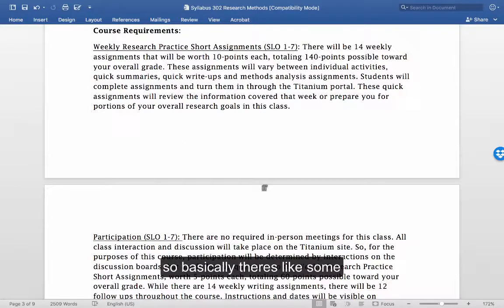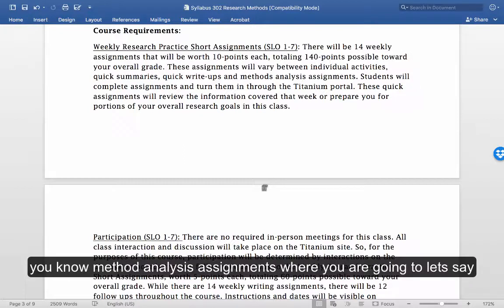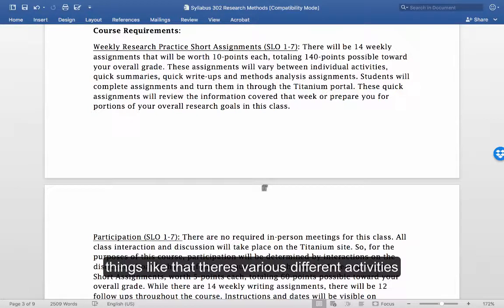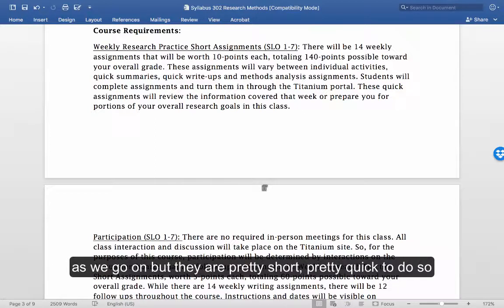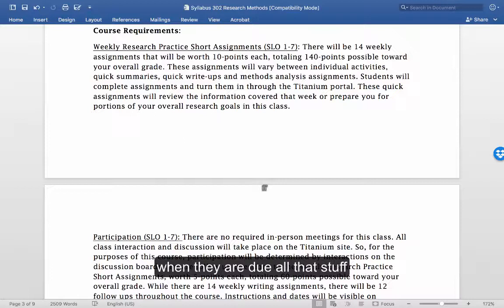Some of them will be individual activities, quick summaries, quick write-ups, method analysis assignments where you look at an article and determine what the research question is, or things like that. There are various different activities as we go on, but they're pretty quick to do. I have them all put in the calendar section for you, when they're due, all that stuff.